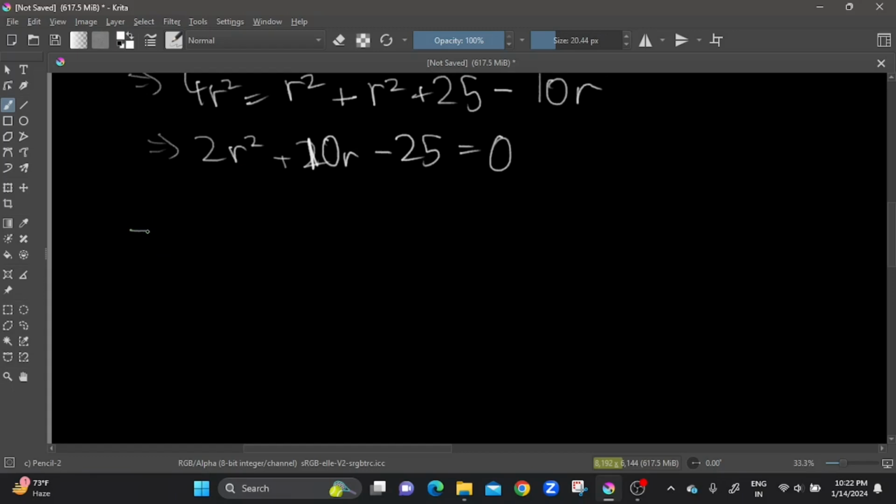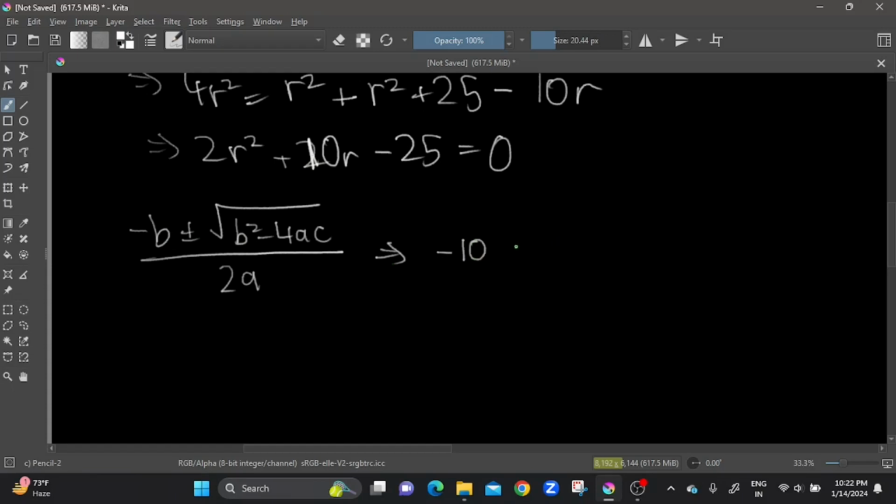Right, so now that we have the right equation, we're just going to use the quadratic formula here. Minus b plus or minus root of b squared minus 4ac, by 2a. So minus b, we're going to get minus 10, plus or minus root of b squared, 100, minus 4ac. So it's going to be minus 8 times minus 25, so minus minus cancels out.